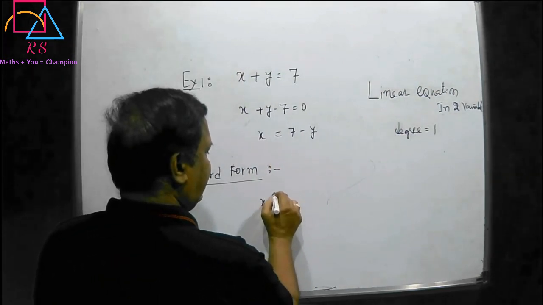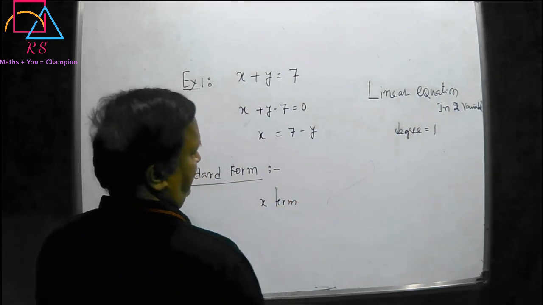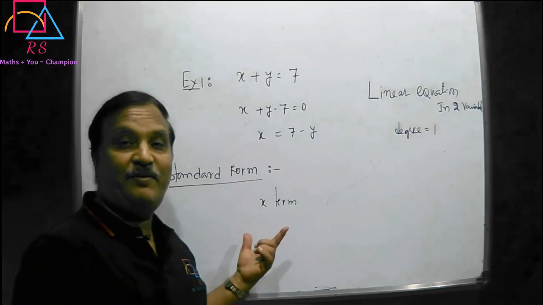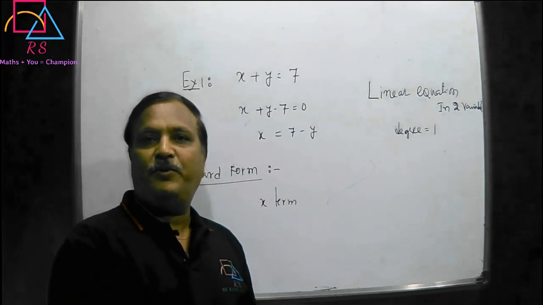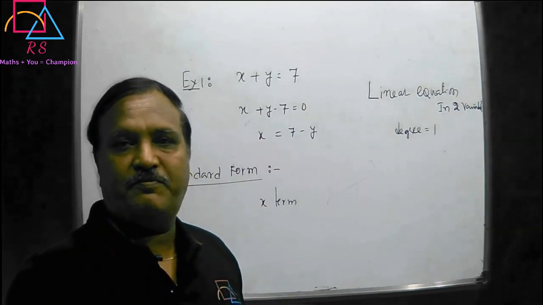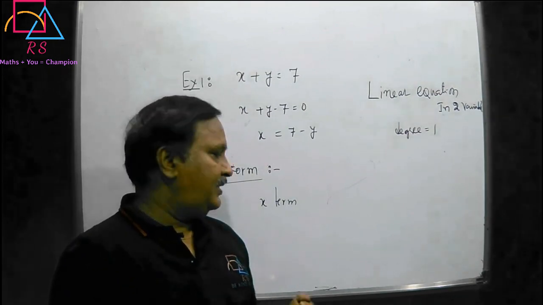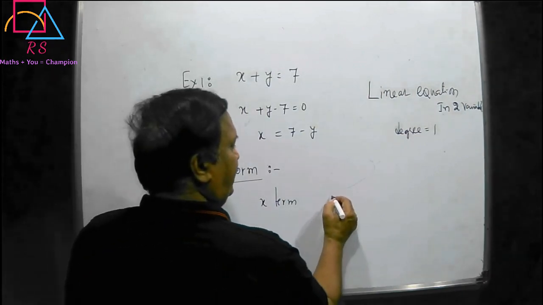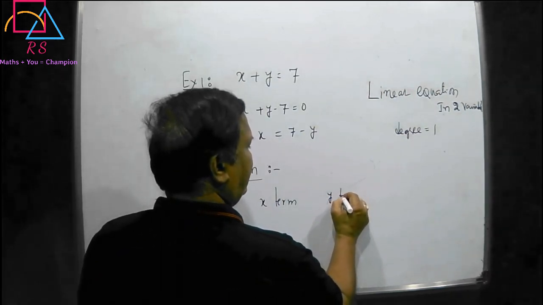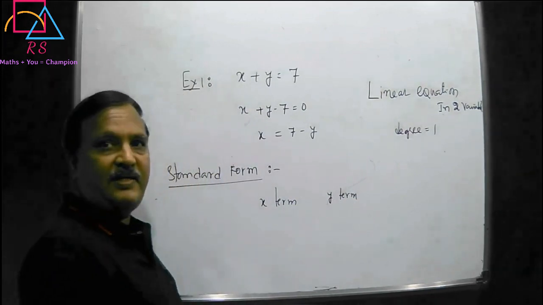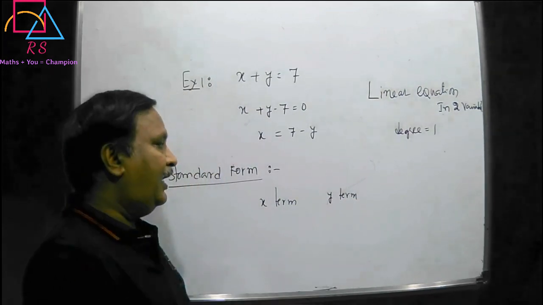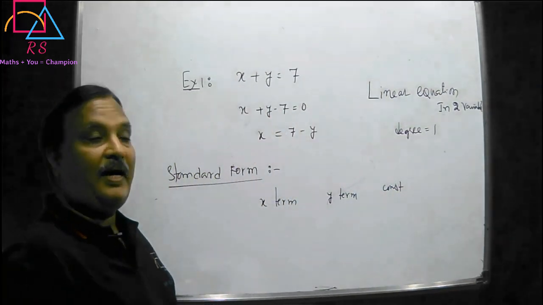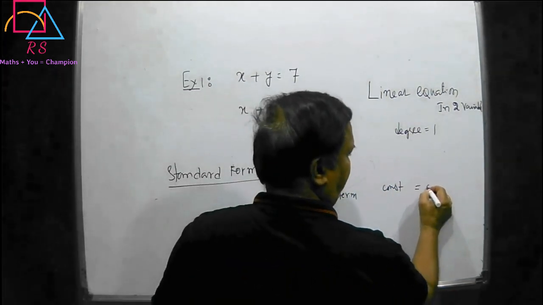First, always the x term. I am using the variable x; sometimes I may use the variable p also. If p and q are the variables, then the p term comes first, that means one variable. And then you write the y term, the second variable term, and then the constant, and then is equal to 0.